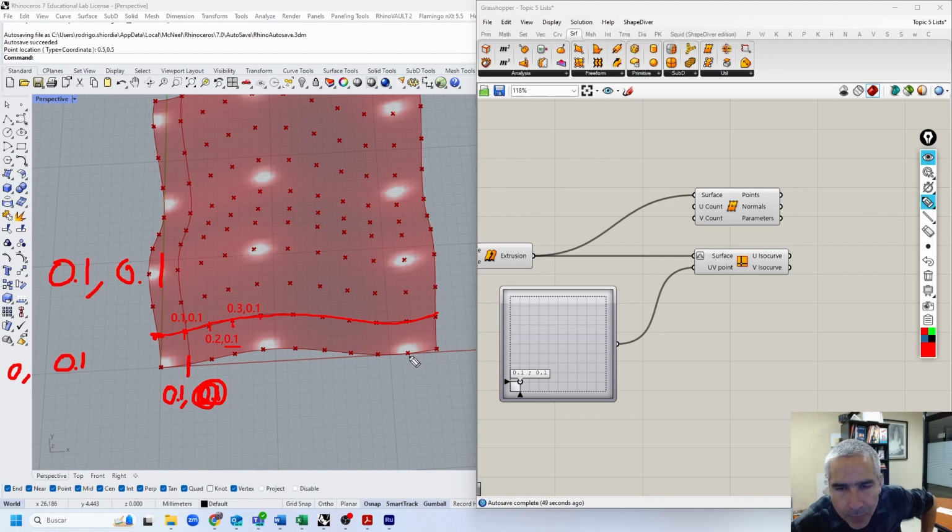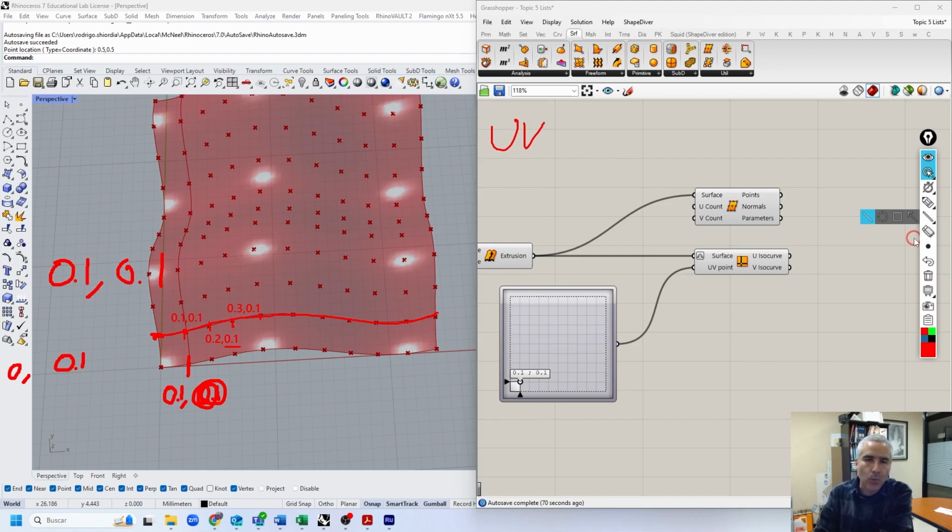And it's the same for curves on the other side. You will have 0.1, comma 0.1, and then you will have 0.1, comma 0.2, etc. So those are UV coordinates and how to get points on surfaces. I hope that this is clear enough.